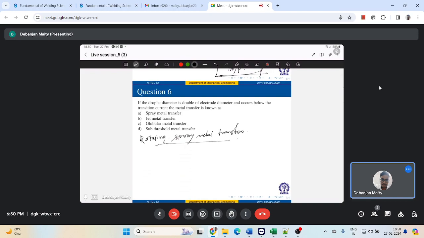Further increasing the current level, more and more, you will finally end up with this rotating spray one.